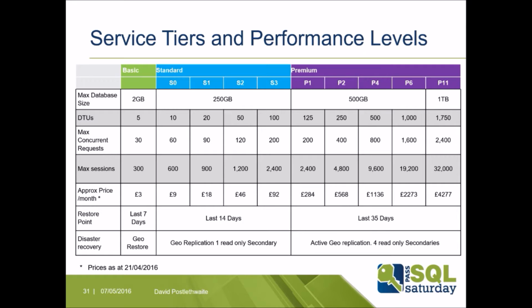Similarly, P1 is 12.5 times more powerful than S0. You decide on the power level you think you require. You can then monitor and tune the database as required. As you've seen, it's very easy to change from one tier to another if you decide you need more or less power. Remember, you set the power level at the database, not at the server, and that can sometimes be a bit confusing.